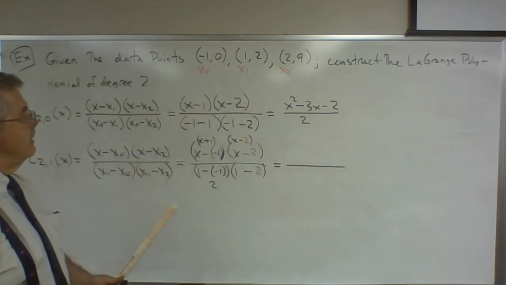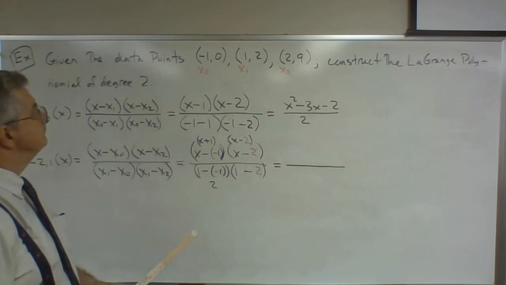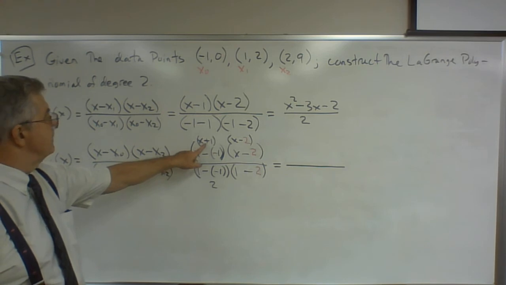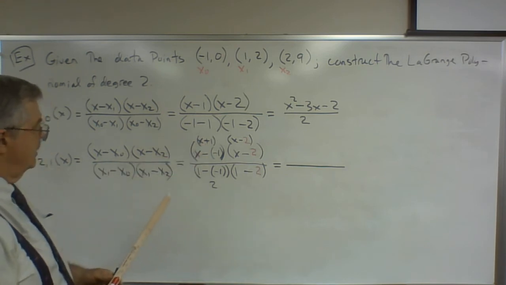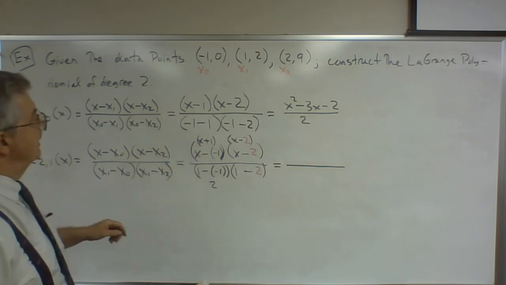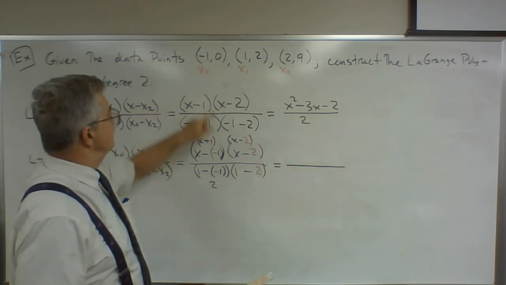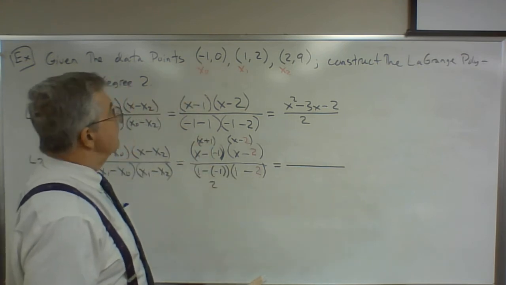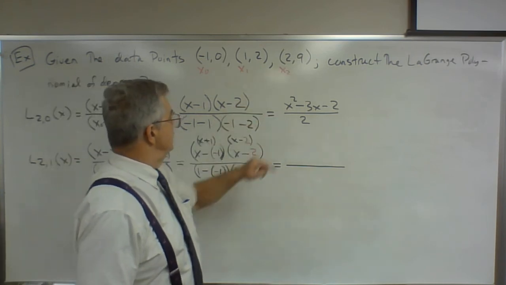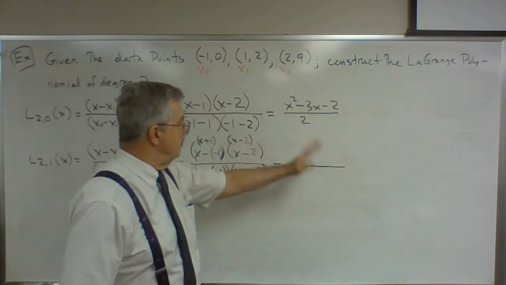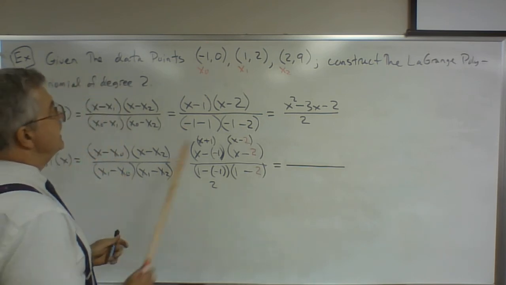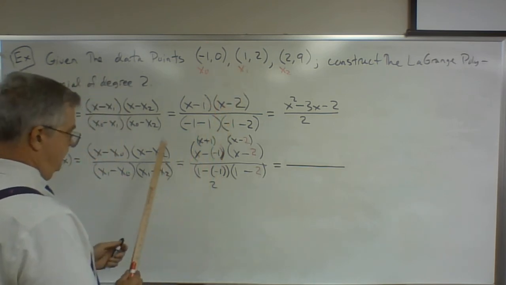And let's see, if I plug in x0, this will be 0, the whole thing will be 0. If I plug in x2, this will be 0, the whole thing will be 0.